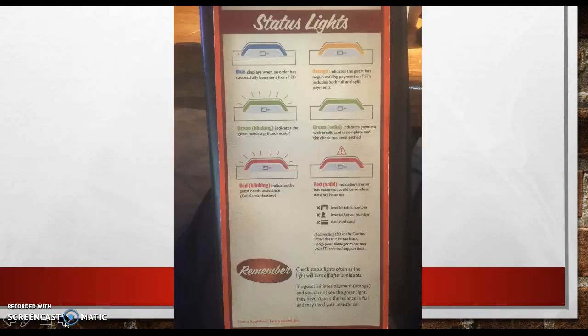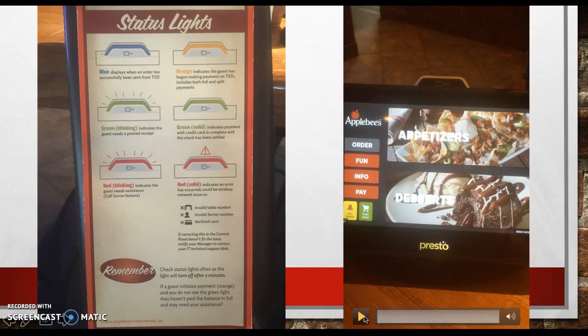Now with these TEDs, there is a little light on the top of the TED that'll blink different colors to indicate different things. As servers, we need to know when these occur, so we know if they send in an order, if they need a receipt, if they need us, or if they're making a payment and having trouble. So in this video, we're going to see what it looks like when a customer needs a server.